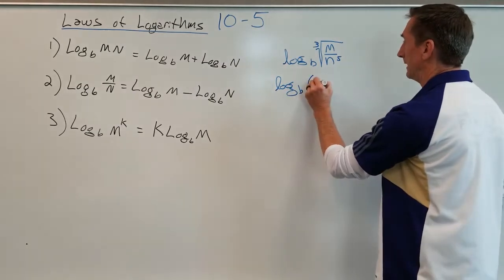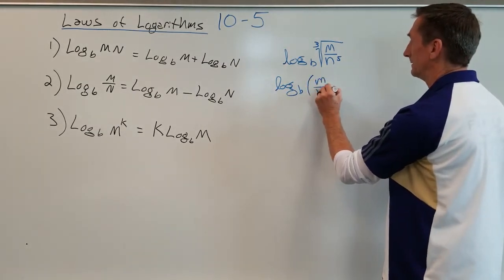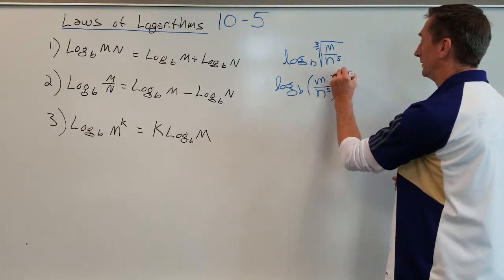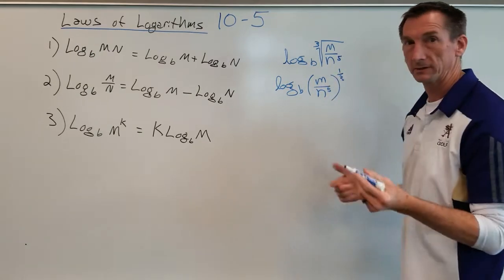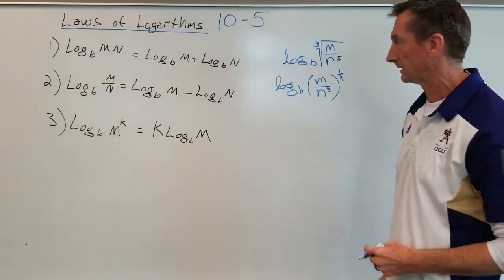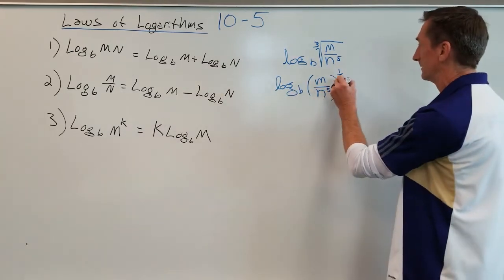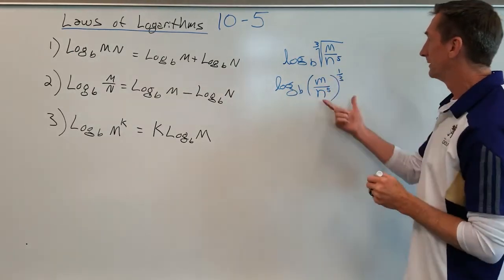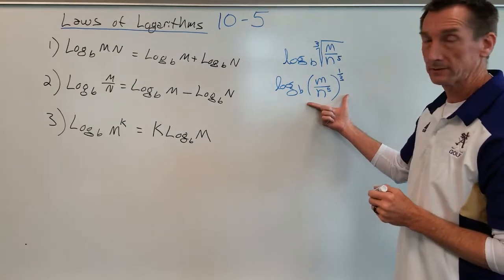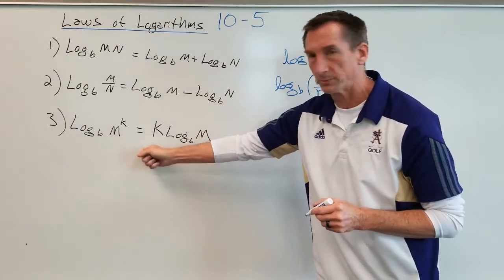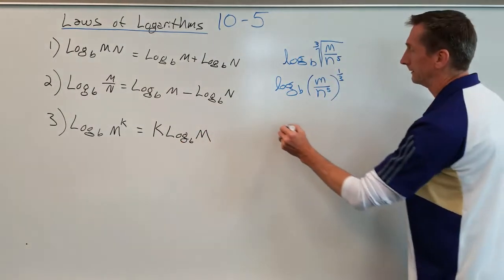of m over n to the 5th to the 1/3 power using the laws of exponents, which we dealt with in earlier sections. 1/3 power. And so this whole thing is the 1/3 power. So first off, I'm going to apply law number 3 here.